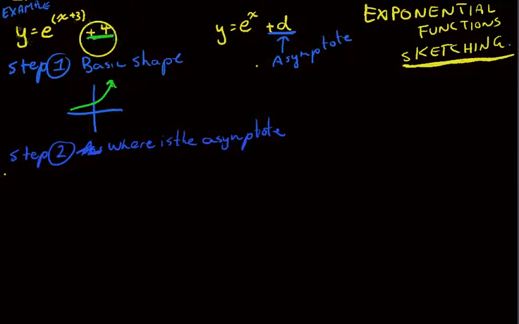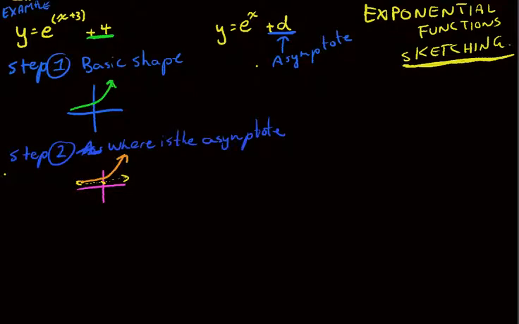In this case, the asymptote for this equation is going to be 4, which means that if I continue my little sketches here, it's going to look something like this. It's going to go up out into the sky like that, and it's going to have an asymptote that it never ever touches, going along here at y equals 4. So there's our asymptote.